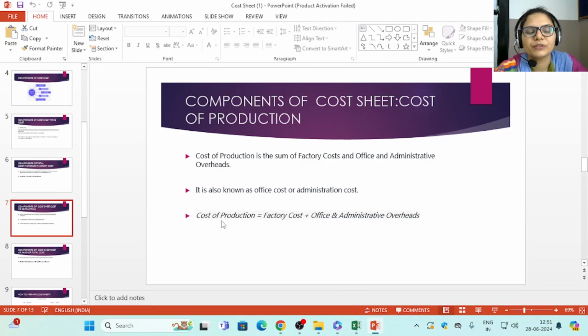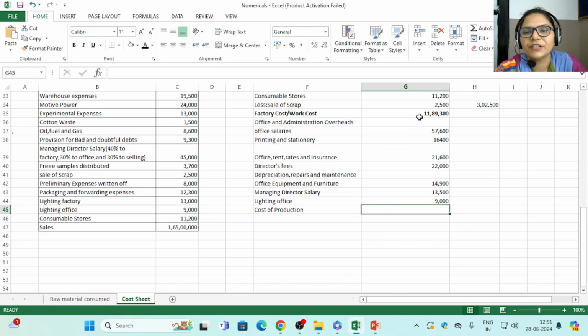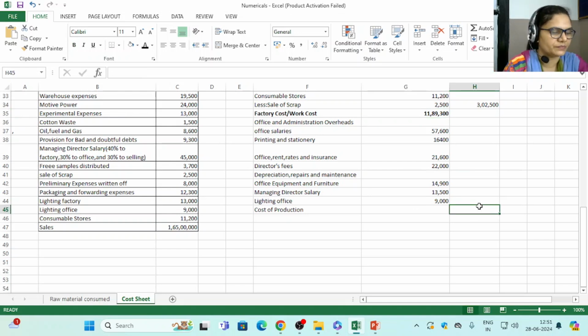You can revert back to the formula. Cost of production is equal to factory cost plus administration overheads. So factory cost plus all these administration overheads, when added, will give you cost of production: 13,44,300. This is your cost of production.